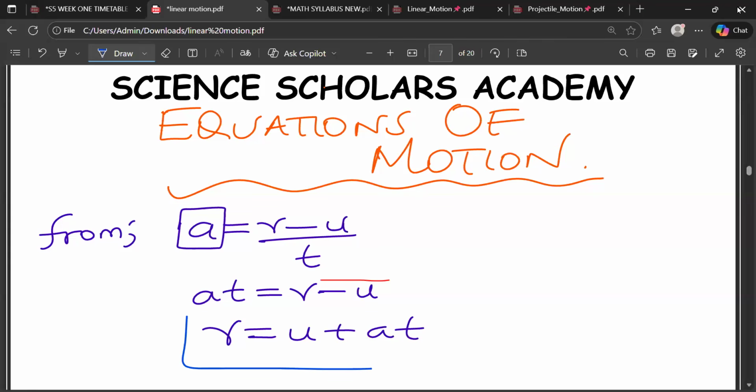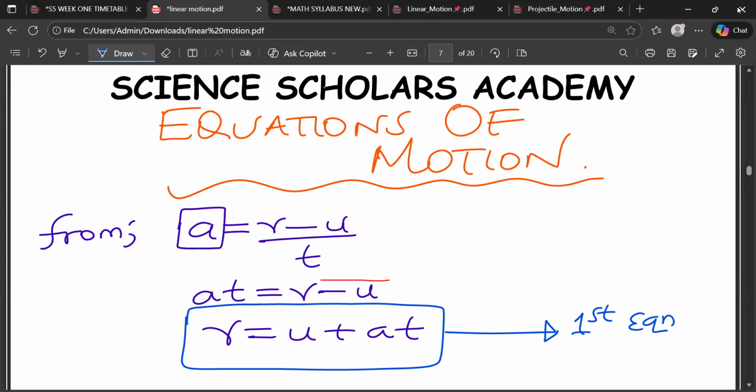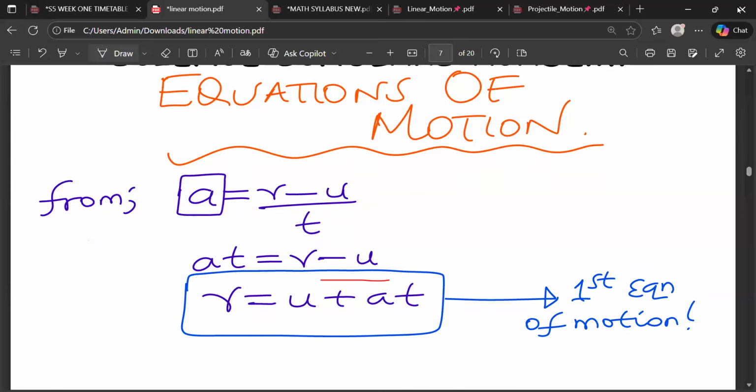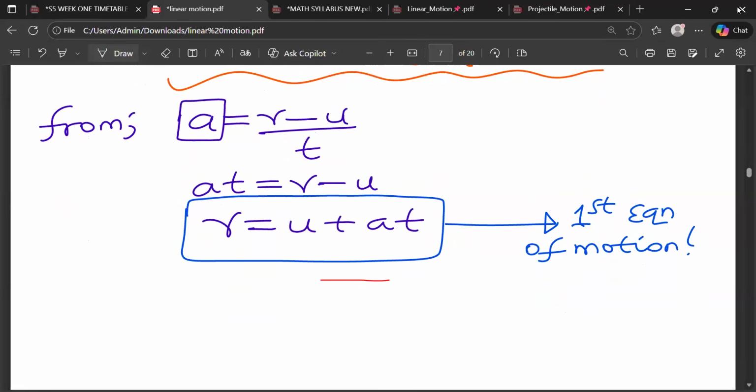Simple math. And this is the first equation of motion. First equation of motion. Is that okay?